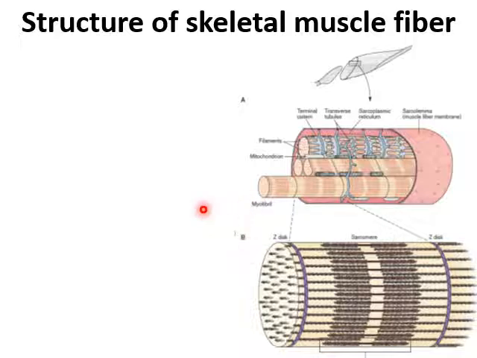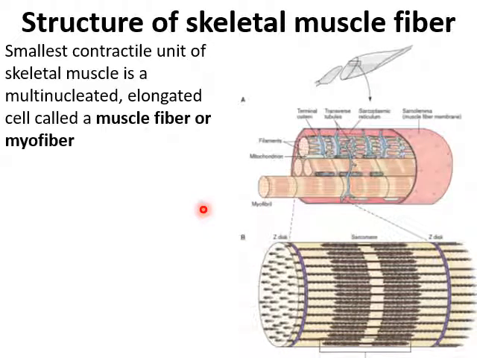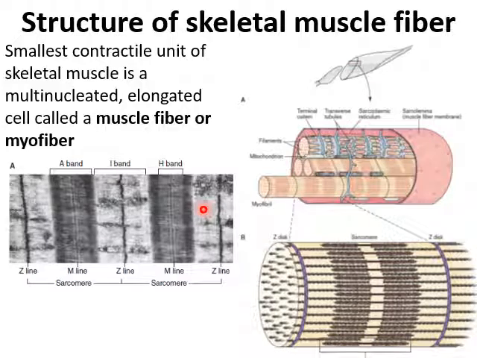Under the electron microscope, the subcellular structure of muscle fibers is seen to be composed of smaller fibrous structures which are about 1 micron in diameter, called myofibrils.